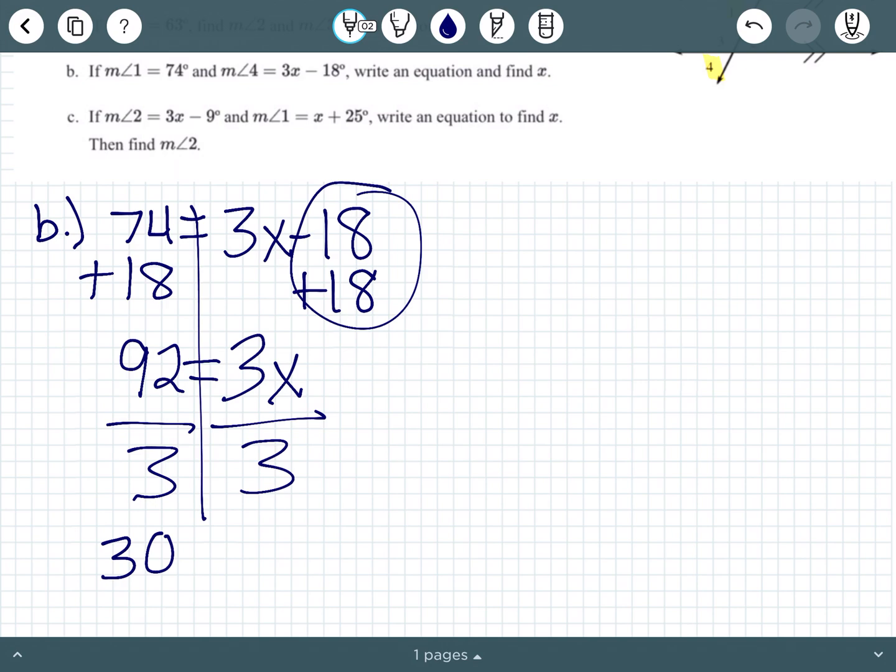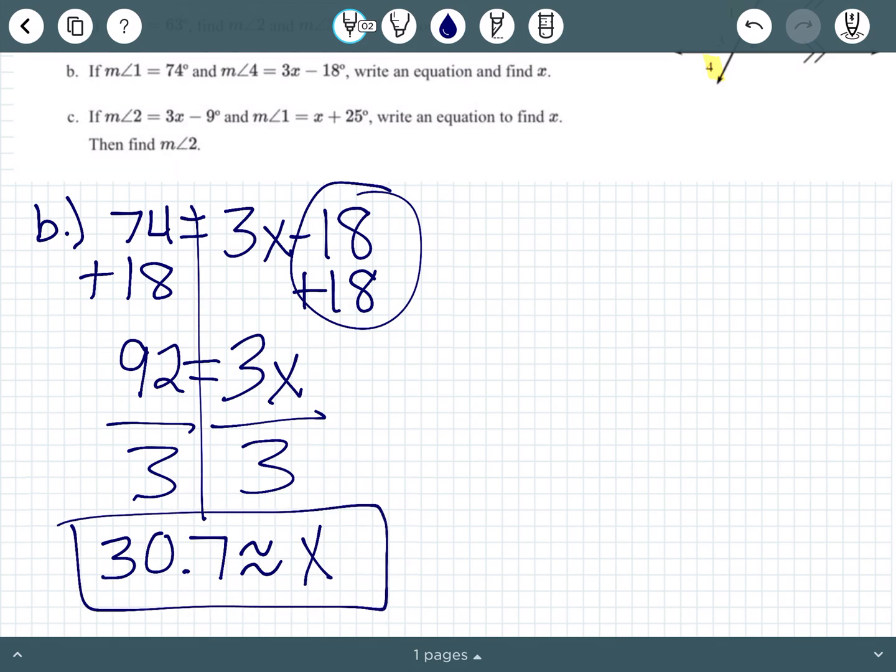It'll give you in the calculator 30.666666667. Let's round to the nearest tenth. And I would have x equals, actually, you know what I should do is it's not exact, so I should say x equals approximately 30.7. Don't forget your degree symbol. So about 30.7 degrees.